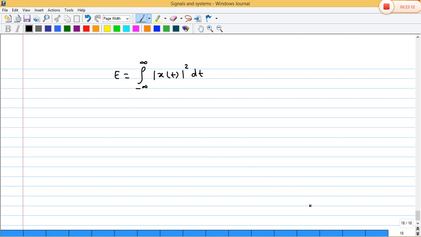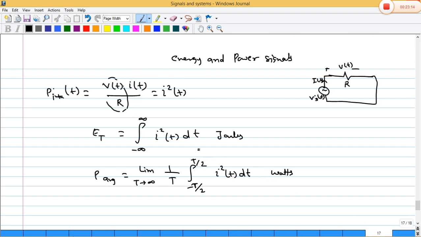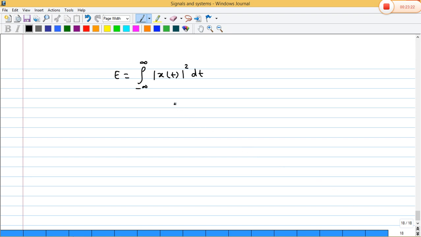Why? Because in the previous one I had I square dt, so in place of it, for any continuous time signal, it's x square dt. And average power will be the limit as T tends to infinity of 1 by T, from minus T by 2 to T by 2, of x square t dt.